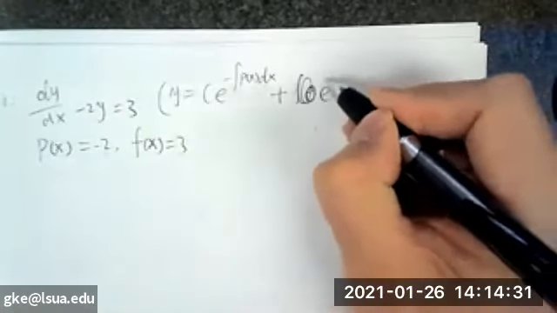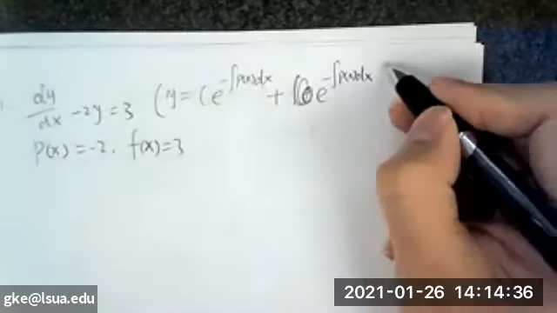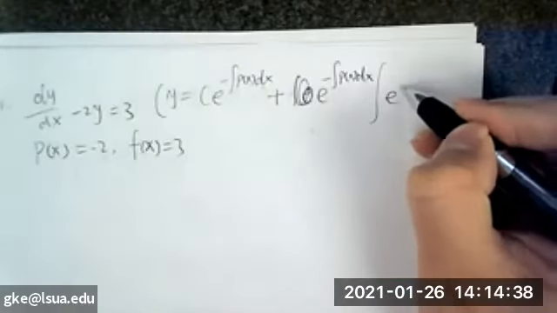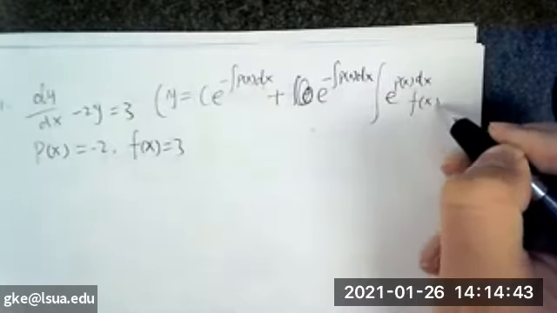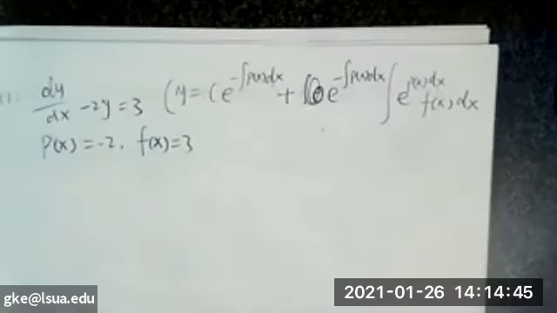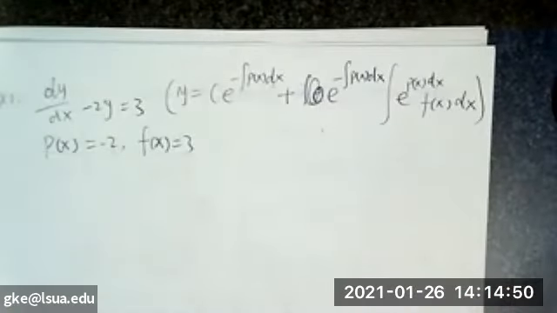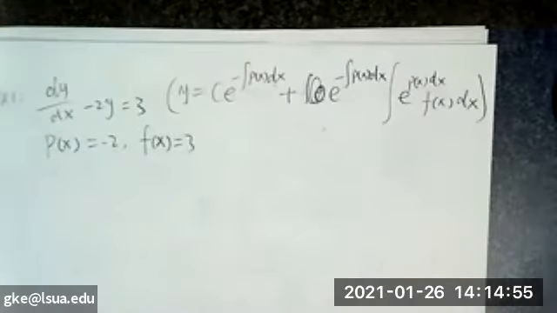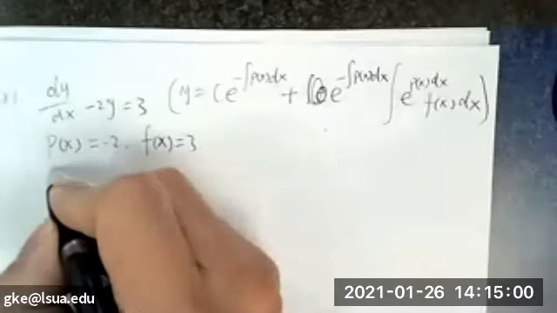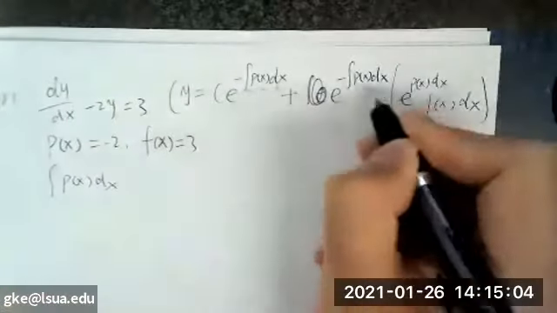Sorry. We have the formula like that. So the idea is write down the p(x) and f(x), and then we calculate the integral.